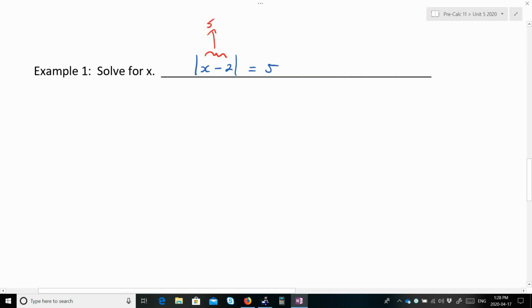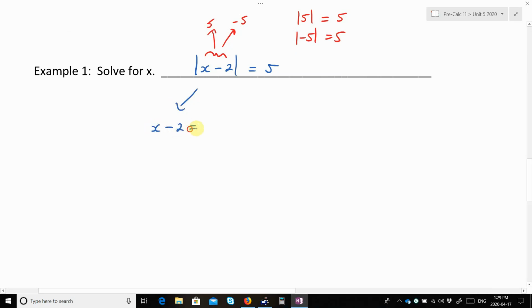If the x minus 2 worked out to 5, we would get the absolute value of 5 is 5, and that works. But inside the absolute value bars could also work out to negative 5. Okay, and the reason for that is the absolute value of 5 is 5, but the absolute value of negative 5 is also 5. Okay, and so we end up getting these two equations that we can make, and it looks like this.